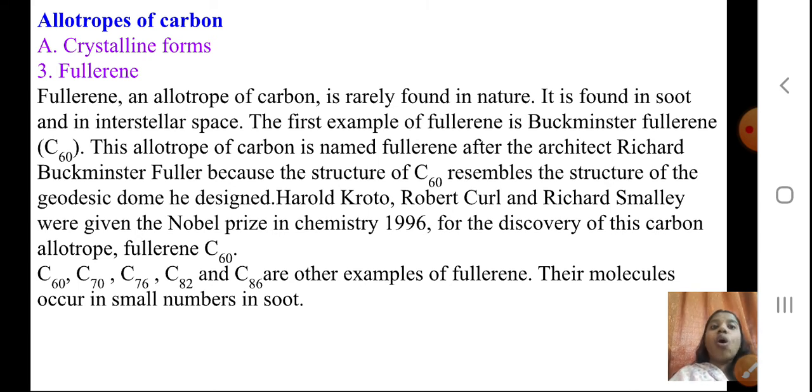Their molecules occur in small numbers in soot, so you get them in very small numbers in nature. Hardly will you find them in nature, and these are all different arrangements. An arrangement of 60 carbon atoms can be there, 76 can be there, 82 carbon atoms can be there, and 86. Okay, we'll proceed.